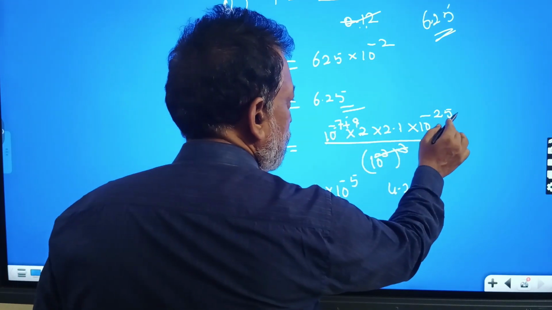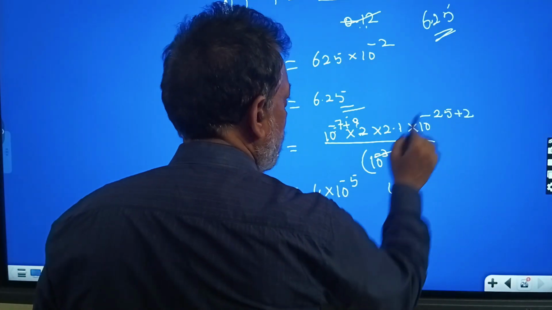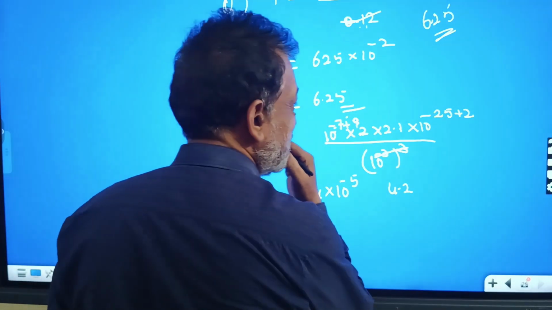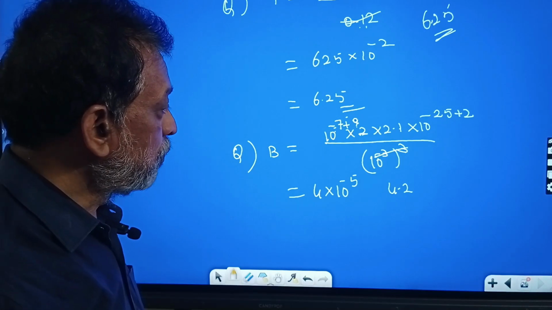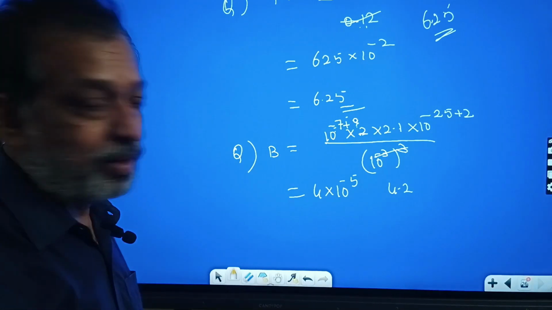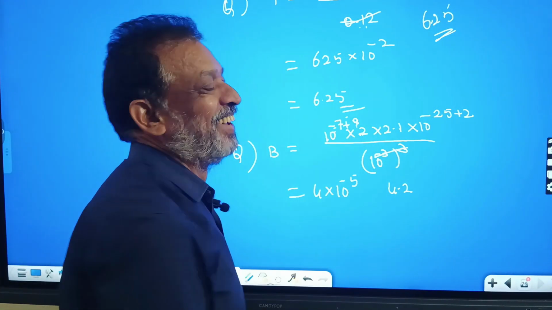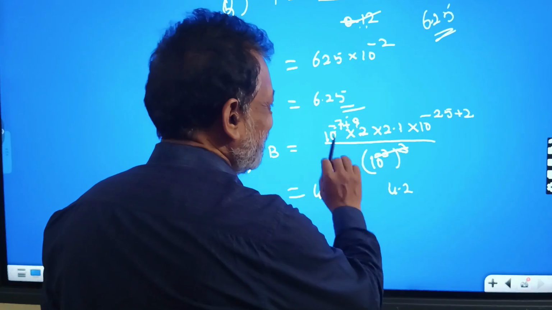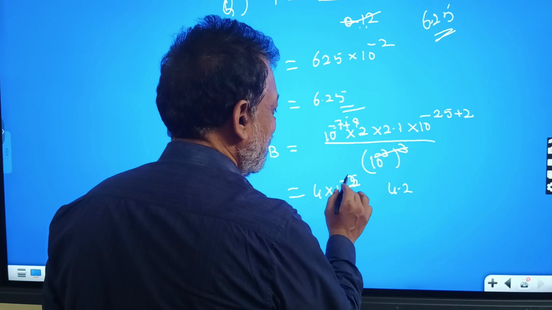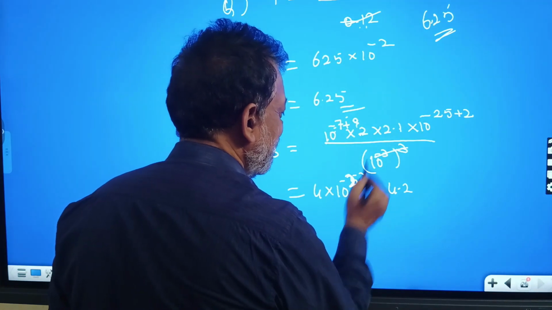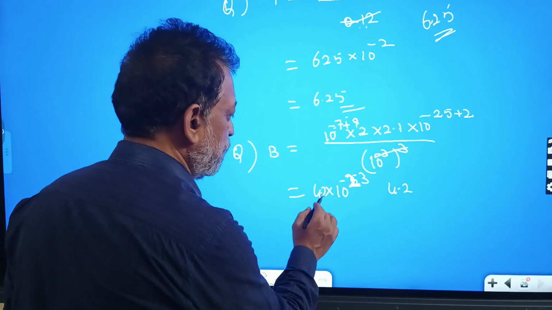Then how much are you going to get? 10 to the power of minus 23, minus 3 over 10 to the power of 5. That becomes minus 23. Okay? So 4.2, see here, this one.